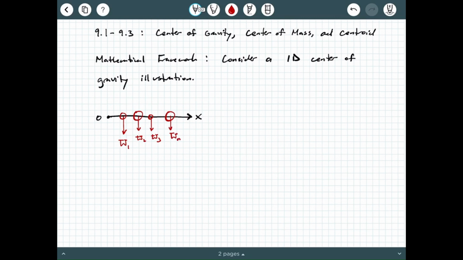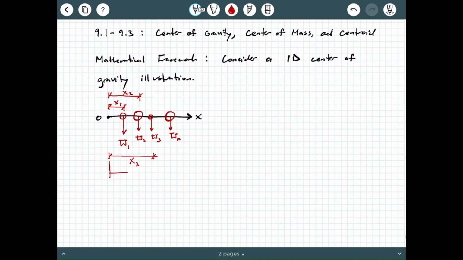Now, let's look at their relative location to point O, all right? So let's say that weight 1 is a distance x1 away from the origin. And let's say that weight 2 is a distance x2 away from the origin. And then, of course, we're going to say weight 3 is a distance x3 away from the origin.